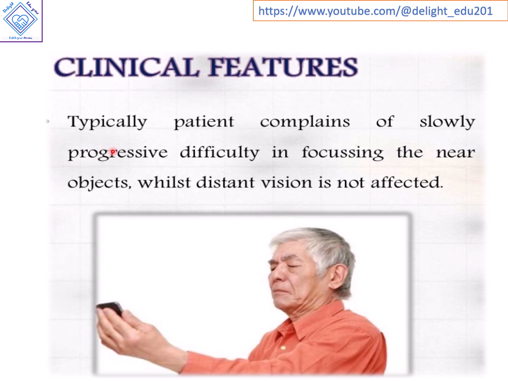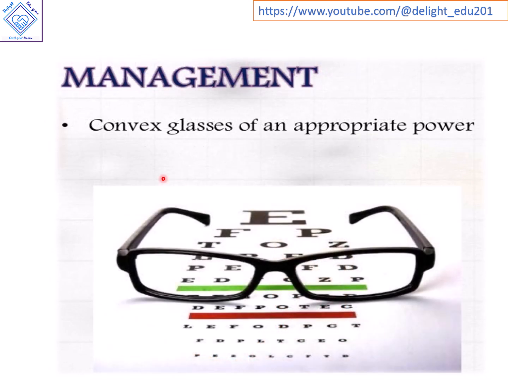Clinical features: typically, patients complain of slowly progressive difficulty in focusing on near objects, while distant vision is not affected. Commonly, elderly people read from a distance. So that is presbyopia. Management: convex glasses of an appropriate power will be prescribed for presbyopia.